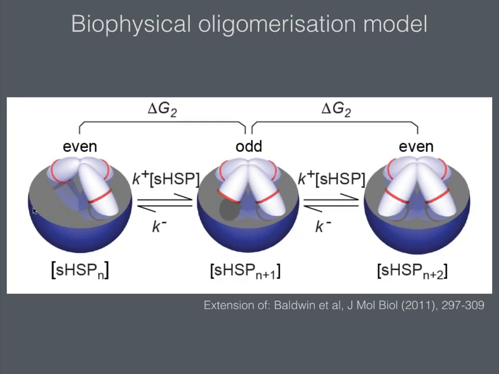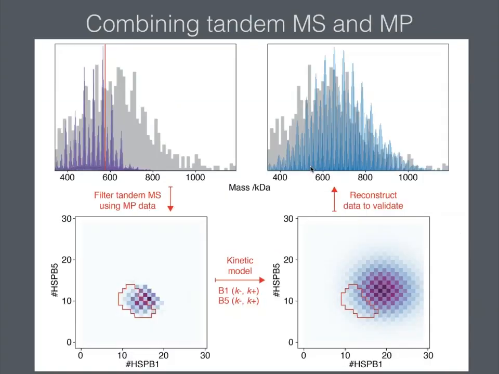And similarly, in the other direction, you could lose subunits, from those that have an even number or those that have an odd. So this is a basic biophysical model that we were considering, and the idea is to use that model together with the mass spectrometry data and mass photometry data to try and extract the rate constants that actually underpin assembly.